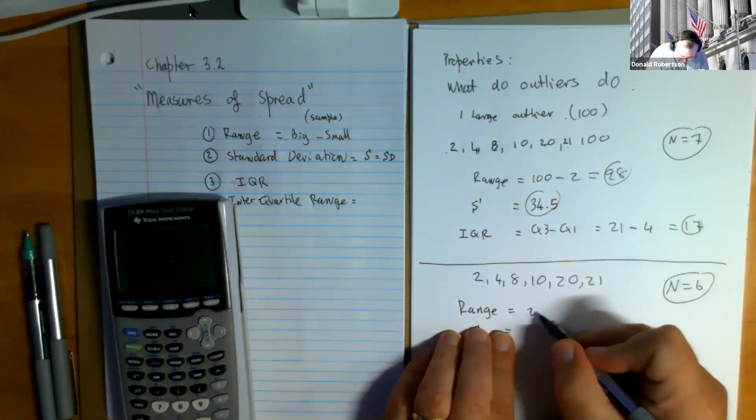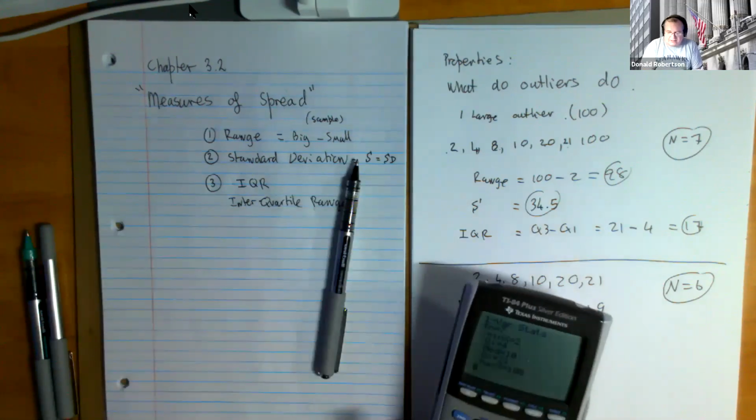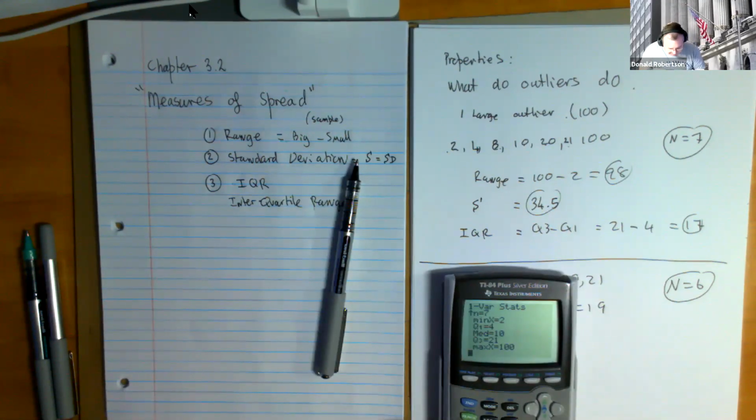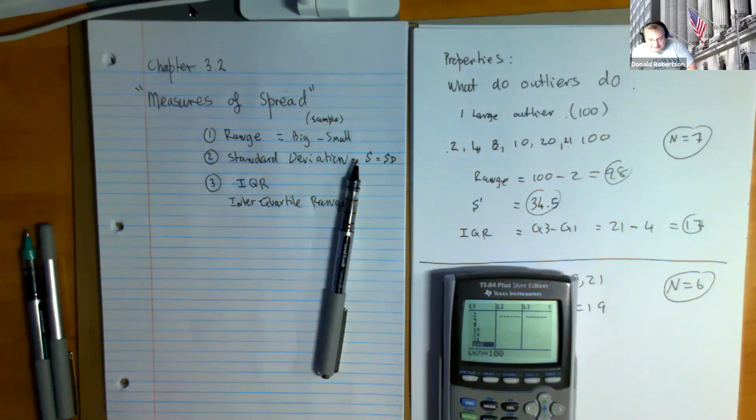So the range is 21 take away 2, that's 19. I can now return to my calculator and hit start and hit edit, but I'm going to do this. I don't like 100. I want 100 to go away, so I'm going to hit delete. That means I don't have to redo the data.